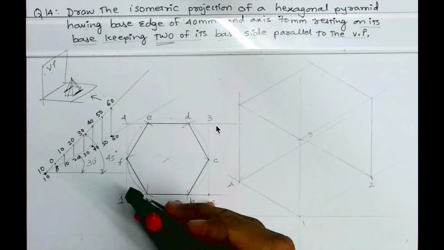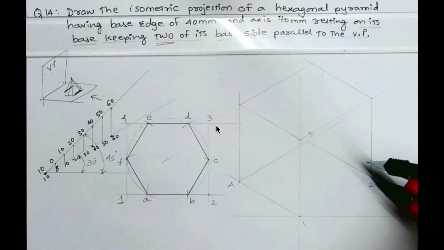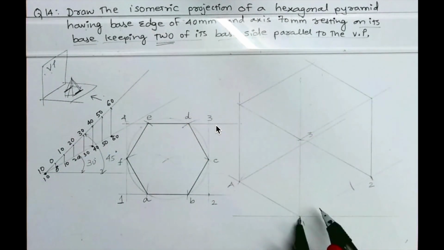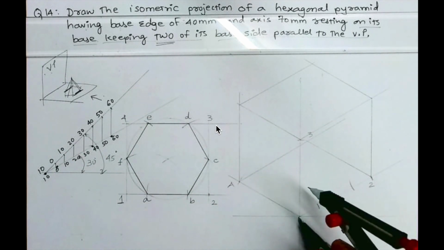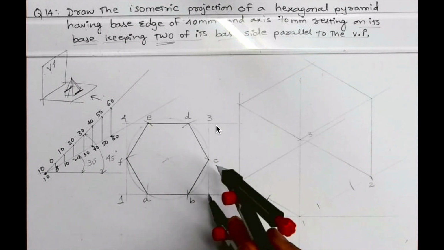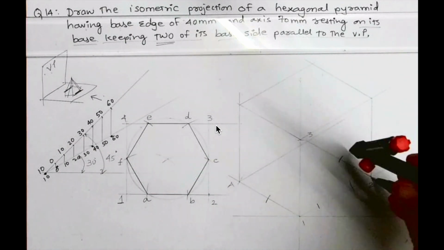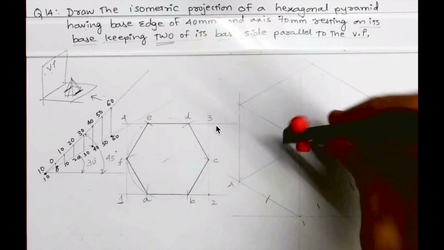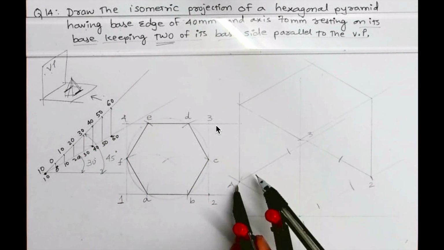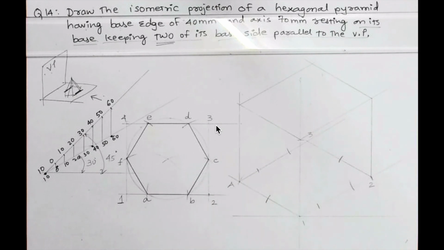Then we'll take 2 to B, which is the same as 1 to A. So we'll cut from 2 and we'll cut from 1. The same way we'll take 1 to F, we'll cut from 1, and 2 to C, then we'll take 3 to D, we'll cut from 3, and 4 to E. So this way we can draw the hexagon.